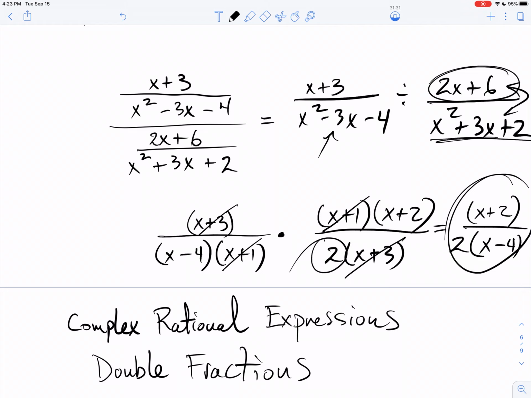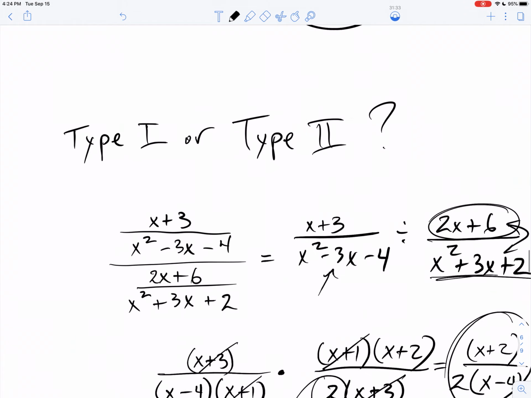Okay, so guys, double fractions. There's 2 types, type 1 and type 2. Know the difference. If you don't know the difference, when you're counting fraction bars, you could count 3 or less. What do you mean less? You never said that. Well, what if I had something like 4 over x over 3? I could then make it look like that.